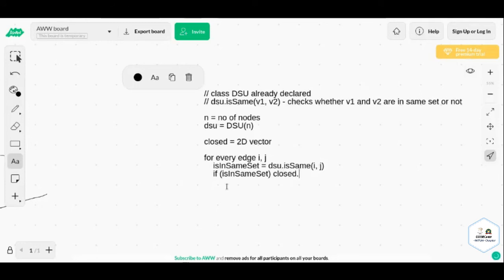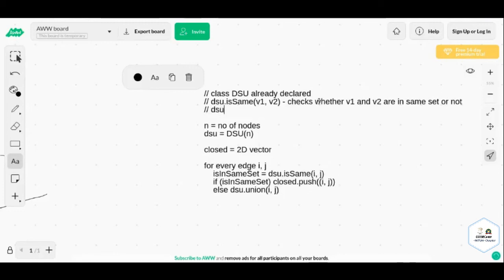If they are, we push i and j to that vector, meaning this edge can be closed. Otherwise, we tell DSU to merge i and j.